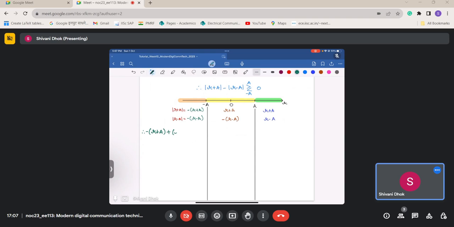So this is r minus a. So in that case, what do we have here is this r, this is minus r, this is minus r and this is r. So these two get cancelled. So what we are left with is minus a minus a, which is equal to minus 2a.